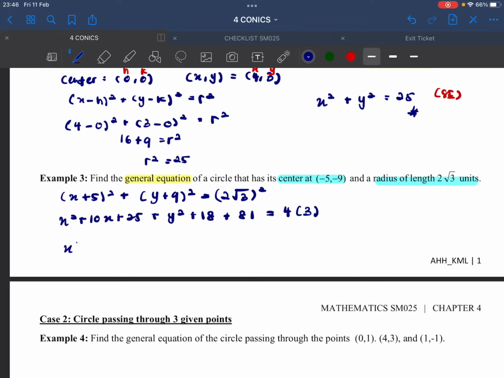So simplify and rearrange everything. We have x squared plus y squared plus 10x, plus 18y. Here we have 25 plus 81 minus 12, which gives us plus 94 equals 0. So here we have our general equation. Okay, so very easy.